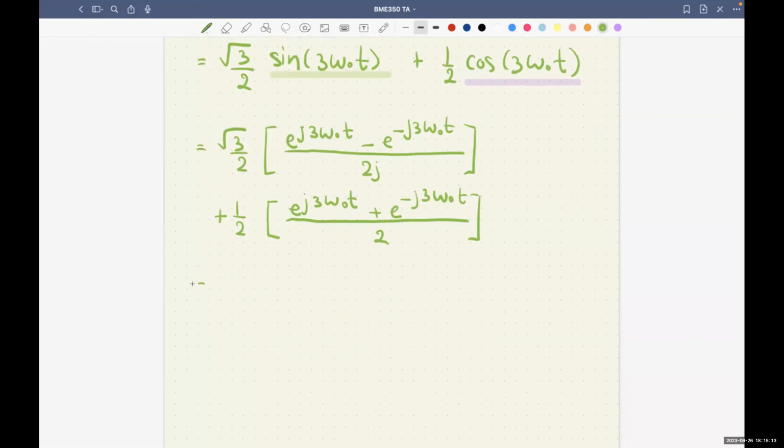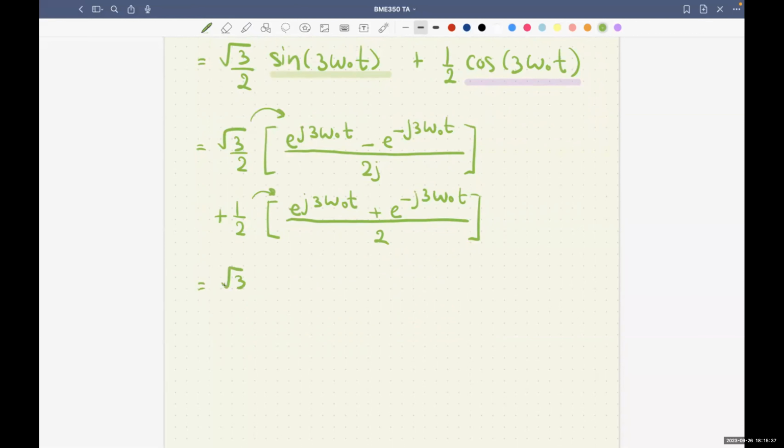Now we're just gonna multiply these two inside the bracket, and arrange the complex terms together.